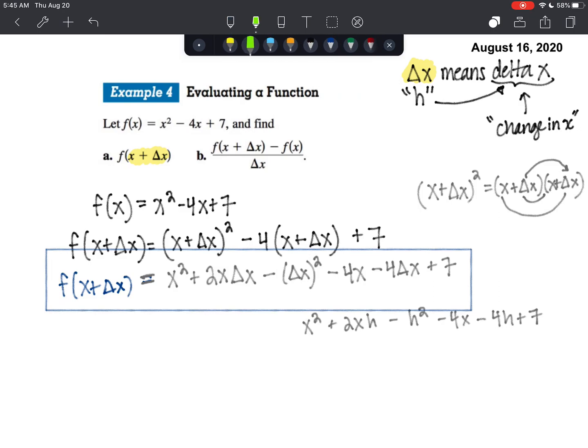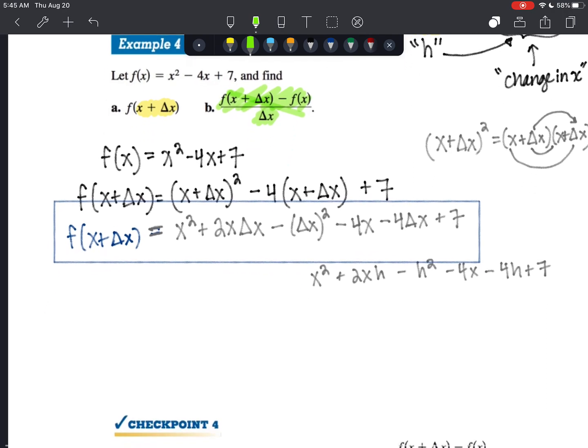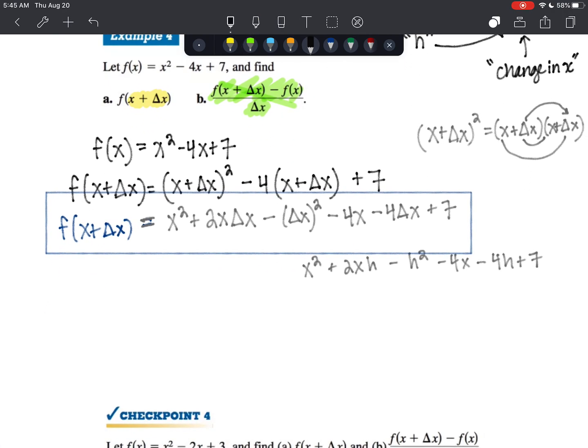The second question says f of x plus delta x minus f of x all over delta x. The highlighter doesn't like it when I draw like that. Okay. So here we have f of x plus delta x minus f of x all over delta x.